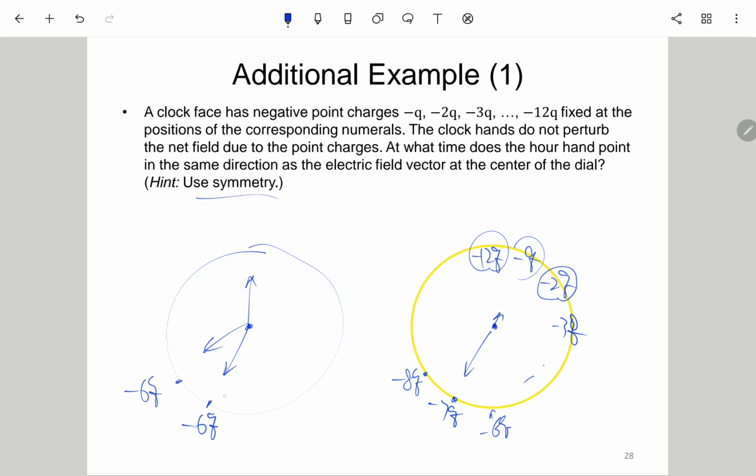So we will have mainly negative 6Q at the 7, 8, 9, 10, 11, and 12 o'clock directions. Adding all these vectors together, the total E field will be pointing in this direction, which is actually 9:30.